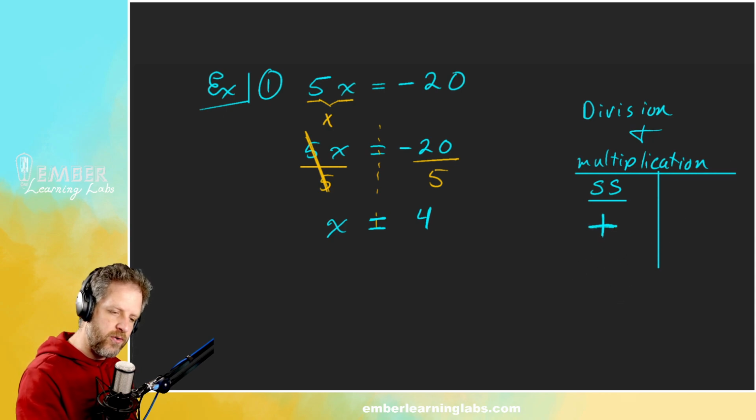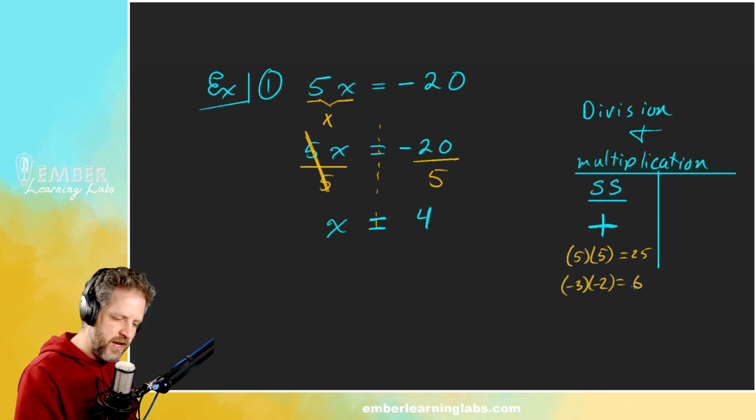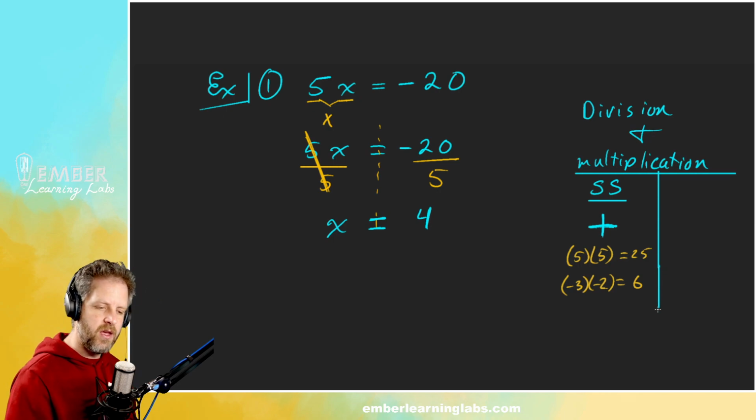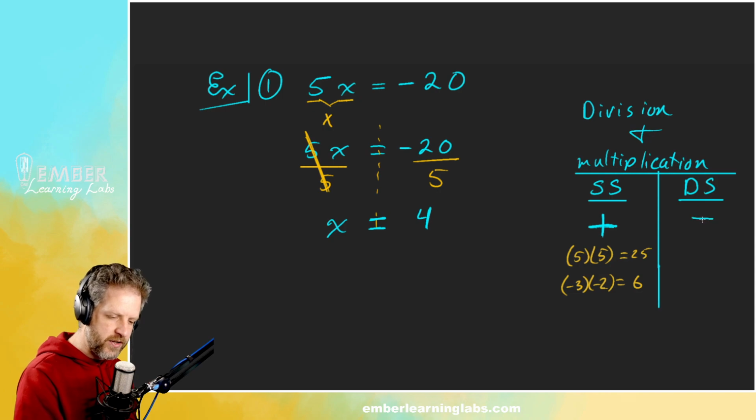Right? So, for example, if we have 5 times 5, the answer is 25. Or if we have negative 3 times negative 2, it's a positive 6, right? Y'all remember seeing this, I hope, at least a little bit? Okay. And if they have different signs, then our answer comes out negative.